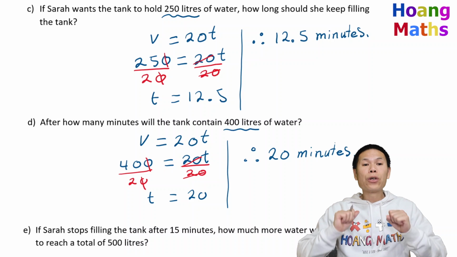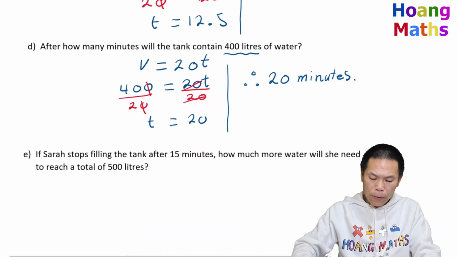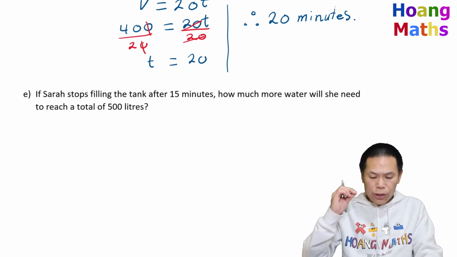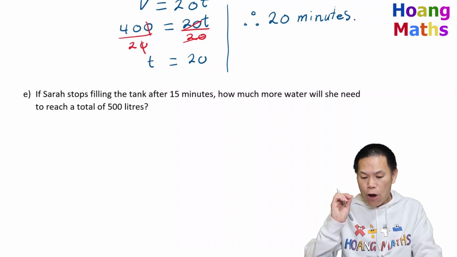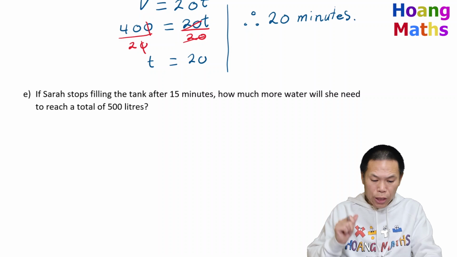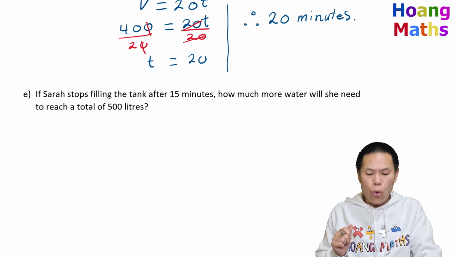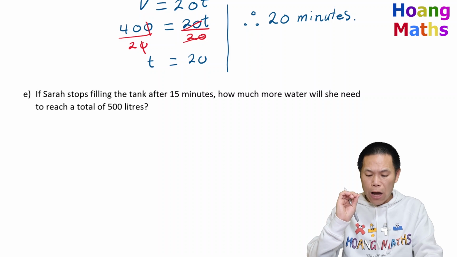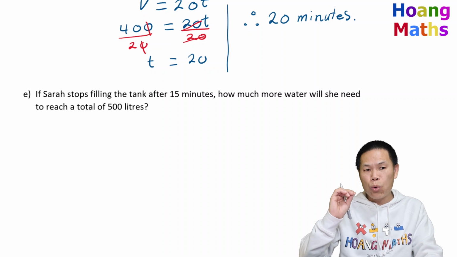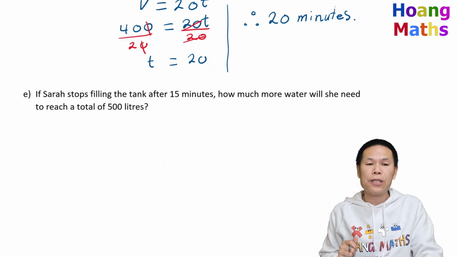So there you go. Last one. If Sarah stops filling the tank after 15 minutes, how much more water will she need to reach the total of 500 liters? So first of all, we need to work out how many liters of water are in the tank after 15 minutes.